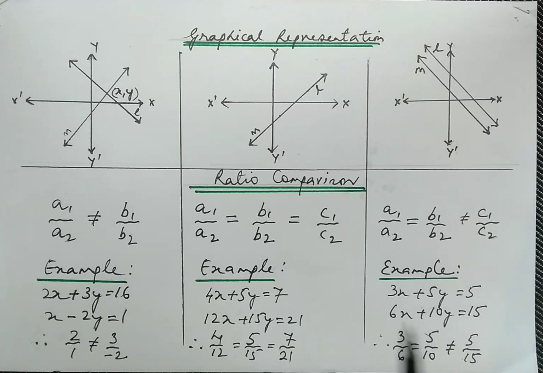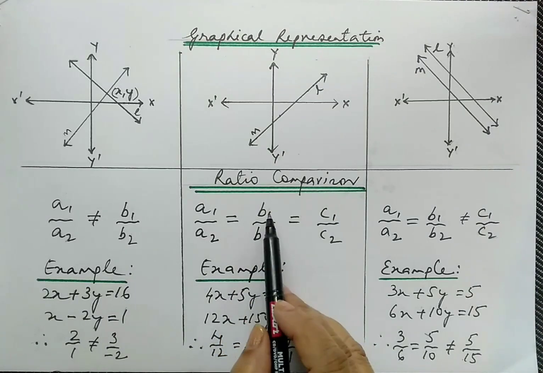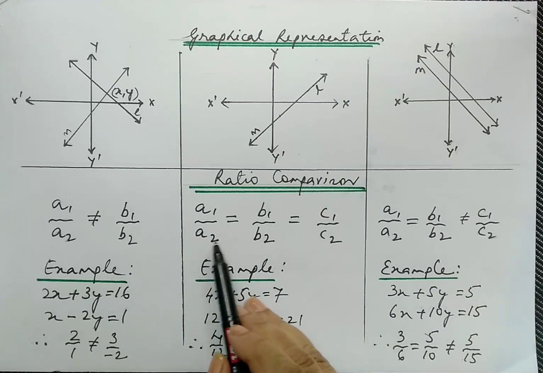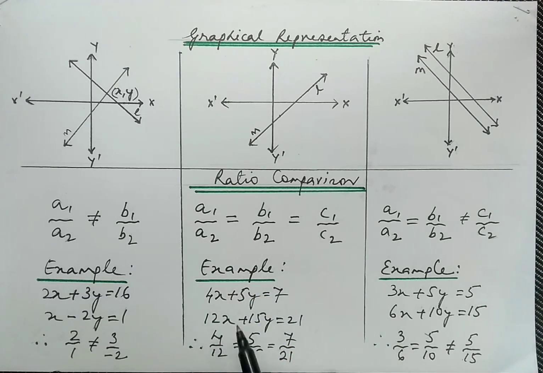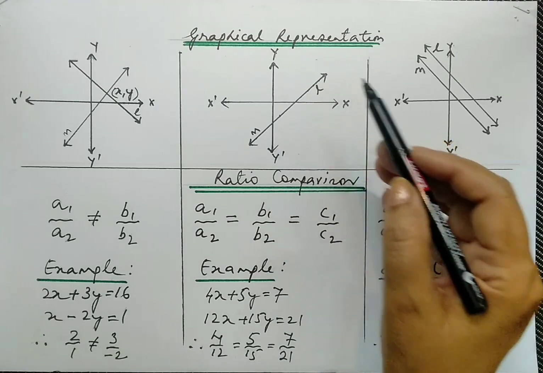All right. Now, once you find out they are all producing equivalent ratios, for example 4 upon 12 here, or 5 upon 15 here, or 7 upon 21 here, they all are equal to 1 upon 3, 1 upon 3 and 1 upon 3. As soon as you get something like this, you would know that the lines have to be coincident.